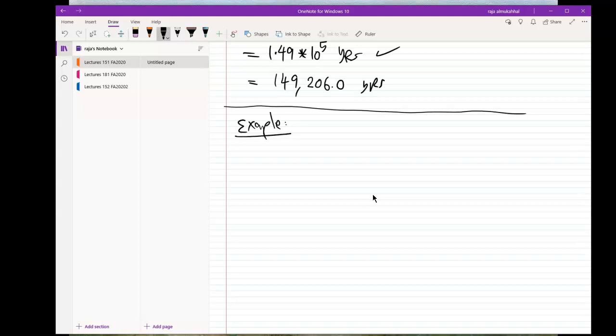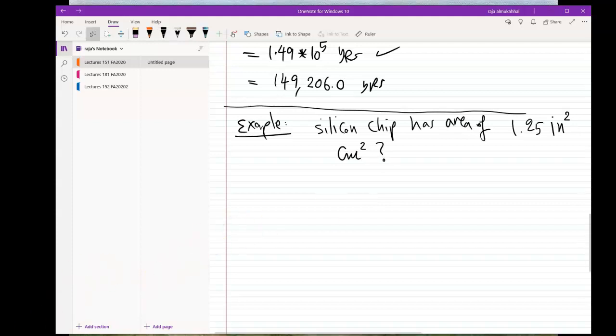We have a silicon chip that has an area of 1.25 inch squared. Okay, what is it in centimeter squared? You got it? So how do we do this problem?